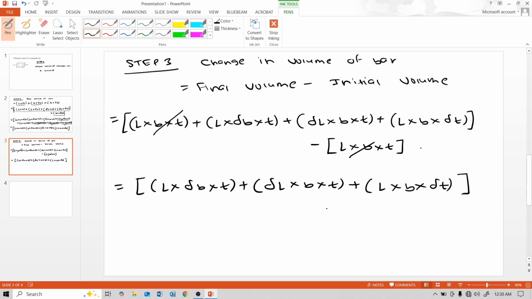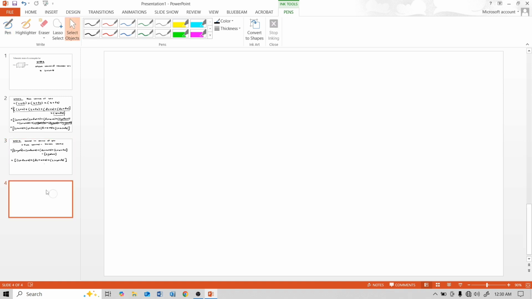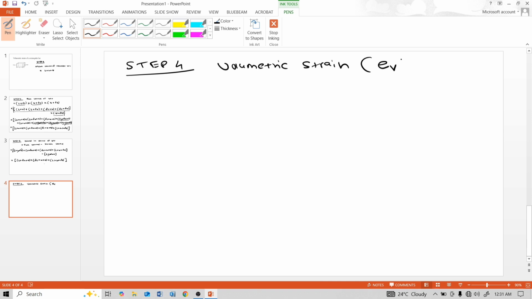Now next step for volumetric strain. Volumetric strain is denoted by e, volumetric e_V, and volumetric strain is nothing but the change in volume to the original volume.